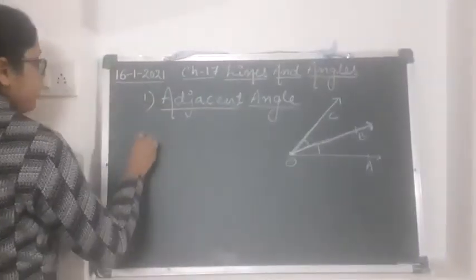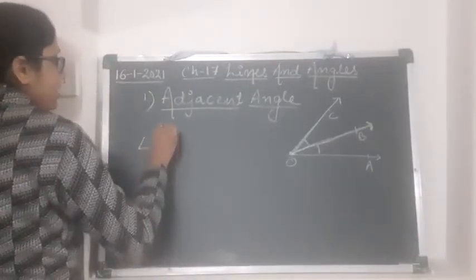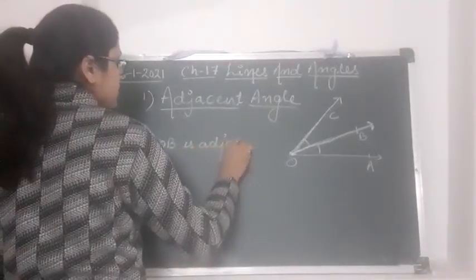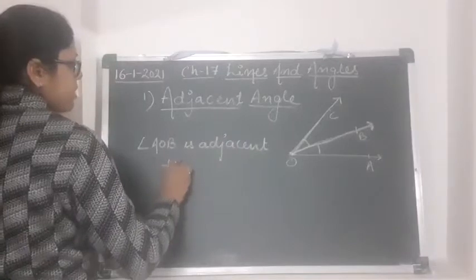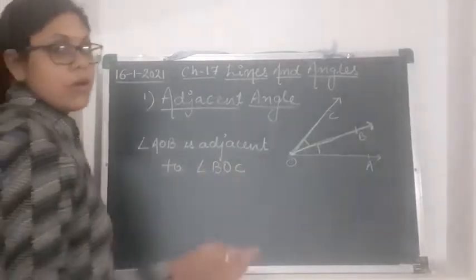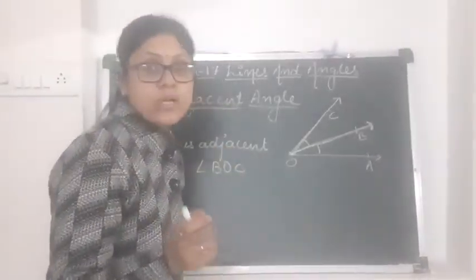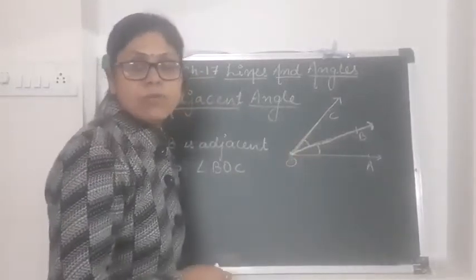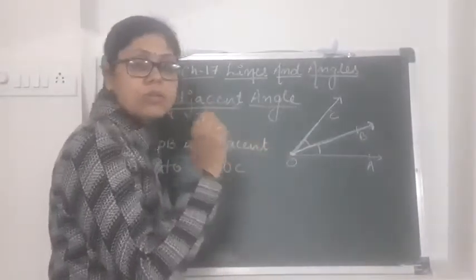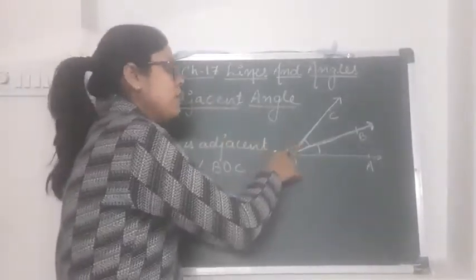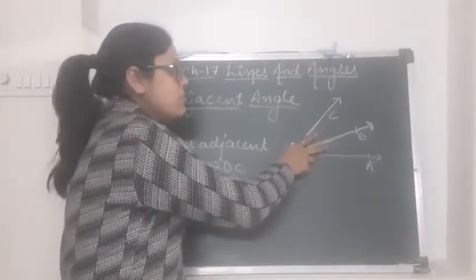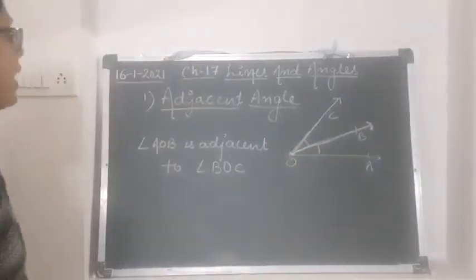When two angles are formed like this, they are called adjacent angles. So you can say angle AOB is adjacent to angle BOC. In layman's language, these neighboring angles are called adjacent angles. But in mathematical terms, how do you define it? Two angles formed such that they have a common vertex and a common arm are called adjacent angles.